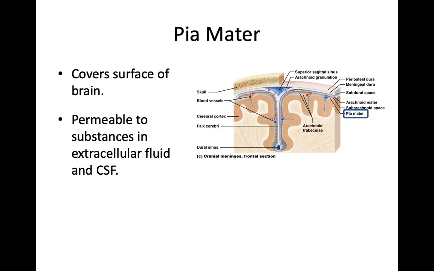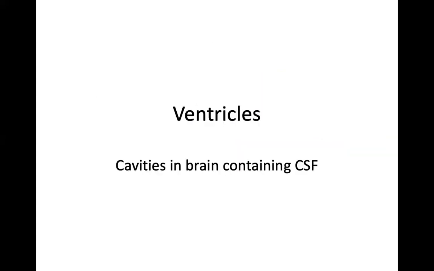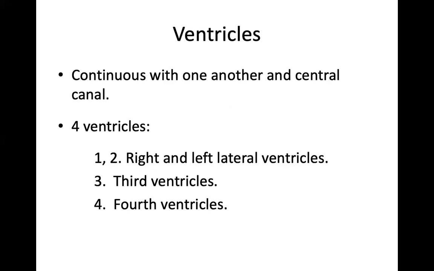Pia mater, the innermost one, covers the surface of the brain and is permeable to substances in extracellular fluid and CSF. You see here on the right side, that's the pia mater, the innermost layer. So DAP: dura, arachnoid, and pia mater. Ventricles. In your lab, you have seen those ventricles, 4 ventricles, the cavities in the brain containing CSF.